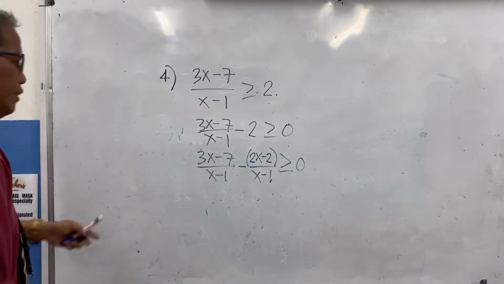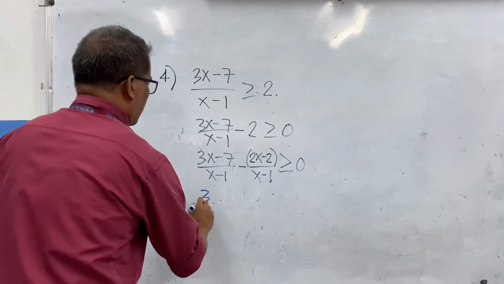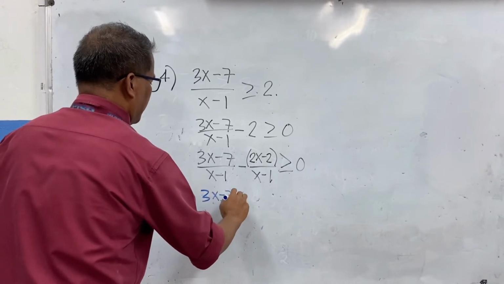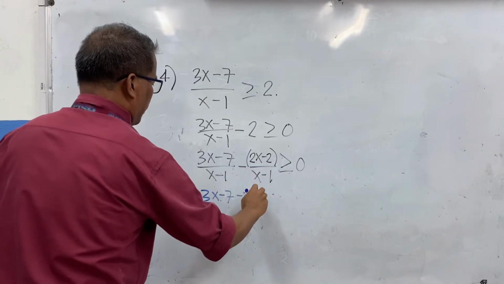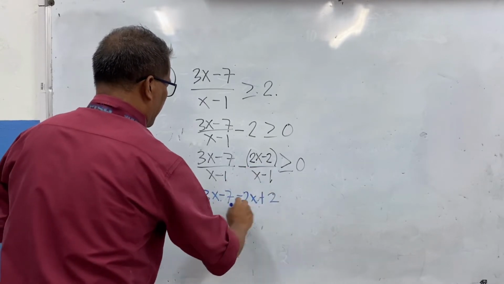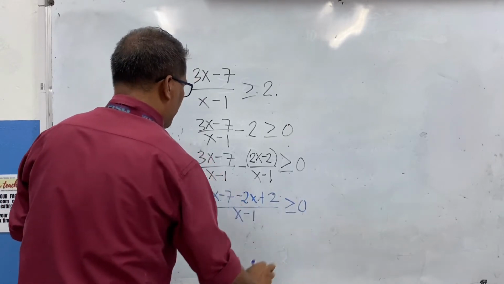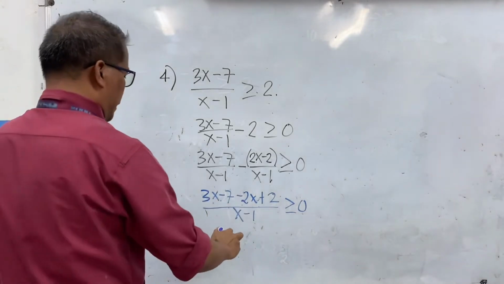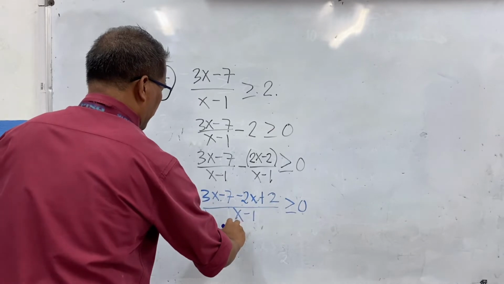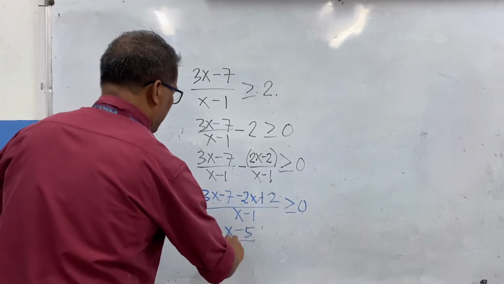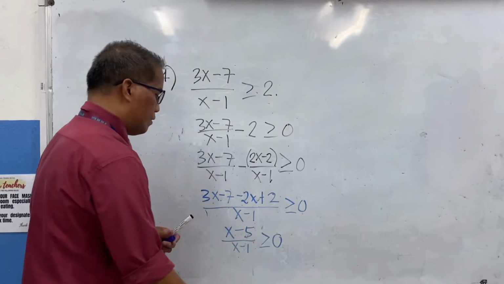Then simplifying this, we have 3x minus 7, negative times 2x is negative 2x, then negative times negative 2 equals positive 2, all over x minus 1 greater than or equal to 0. Then 3x minus 2x is equal to x, negative 7 plus 2 is equal to negative 5, over x minus 1 greater than or equal to 0.